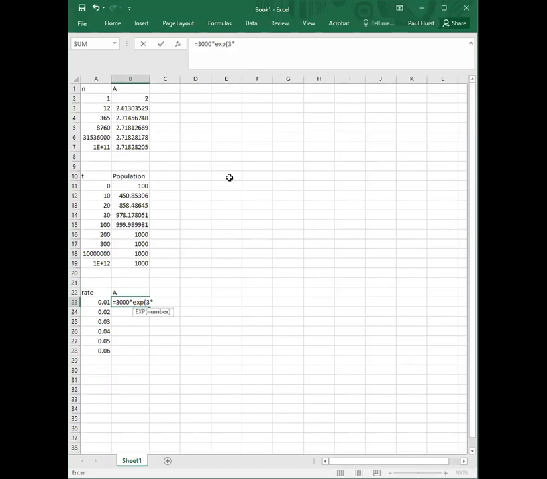And then here we put A23, which will grab that slot there. Okay, so e to the 3 times A23.